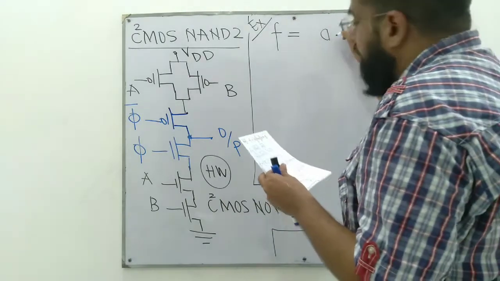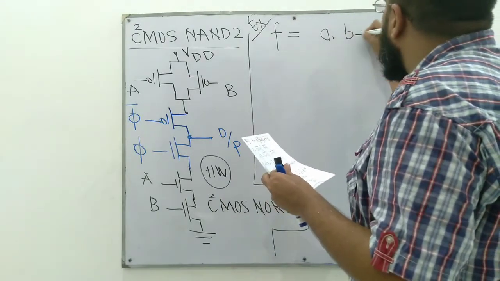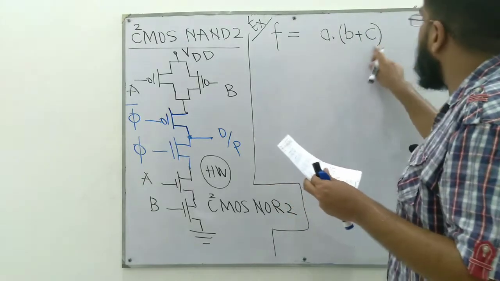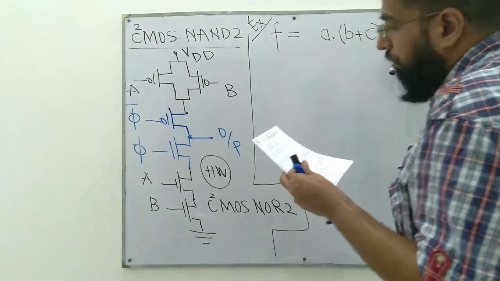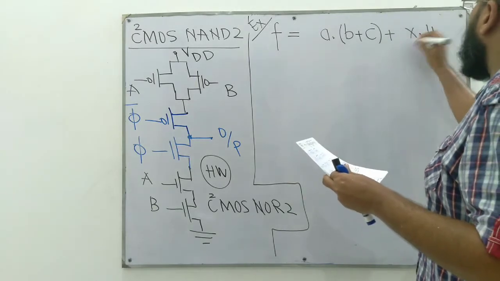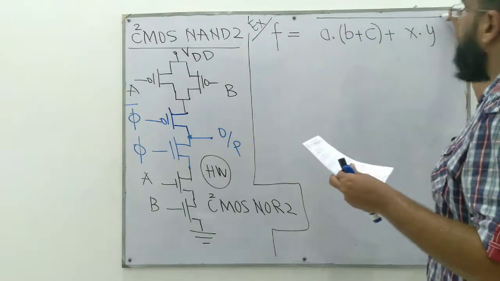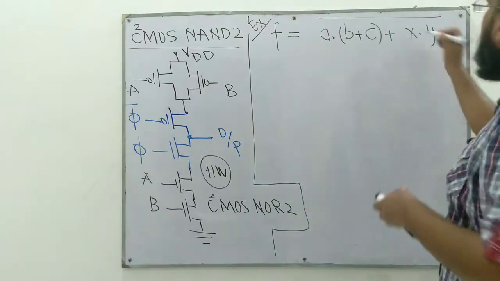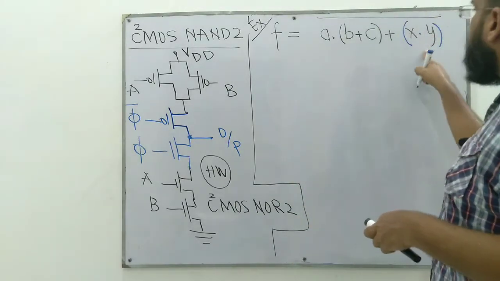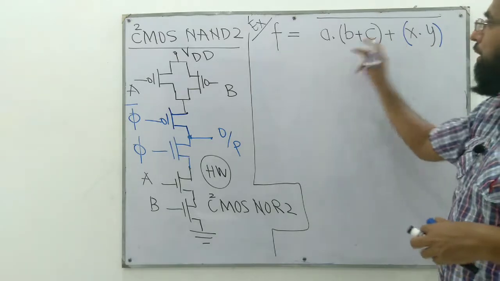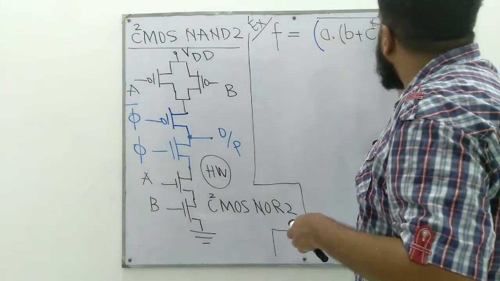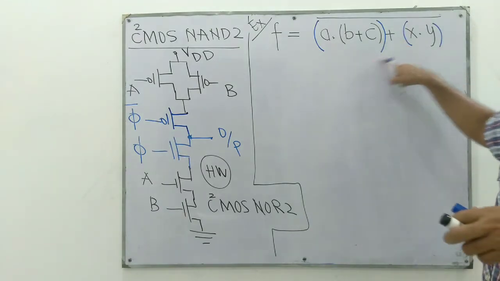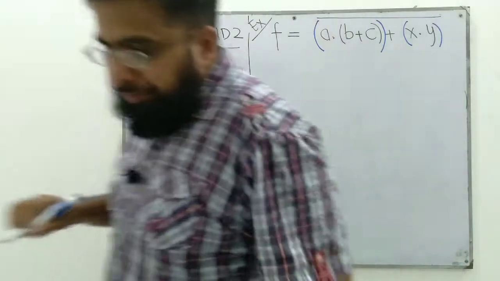F is A and B or C in parentheses, plus, or x dot y, x and y, and the whole expression is inverted. We know that the precedence of this AND operation is more than the precedence of this OR, so we'll put on these parentheses ourselves.